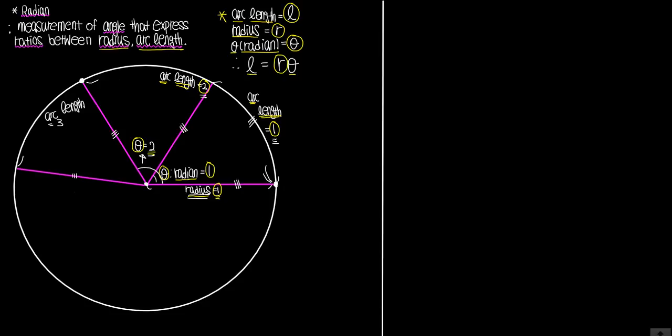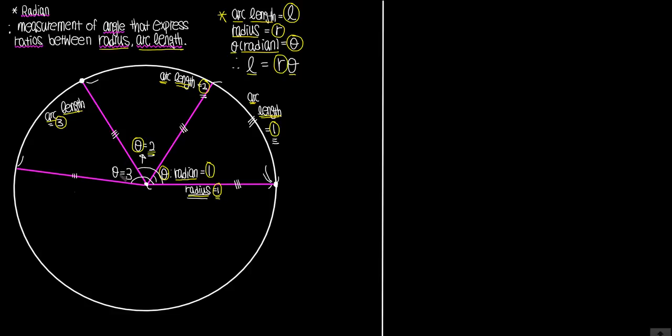This is a case where the radius of our sector is 1 and the arc length is 3. Then the angle measurement between the two radii of our sector and the arc length of 3 is where theta is equal to 3.